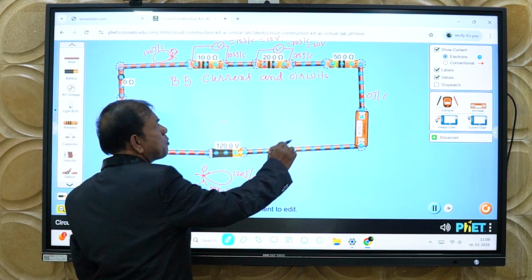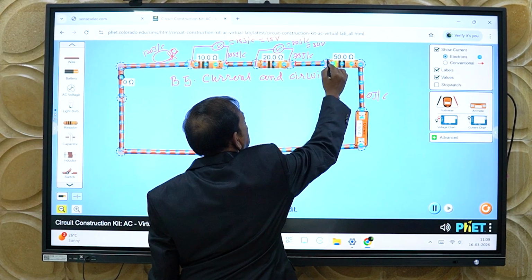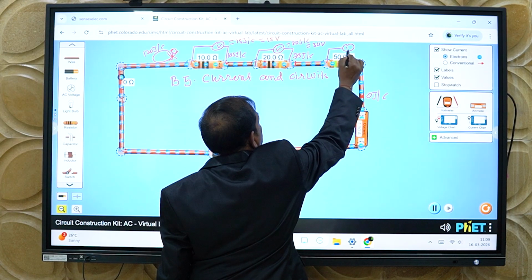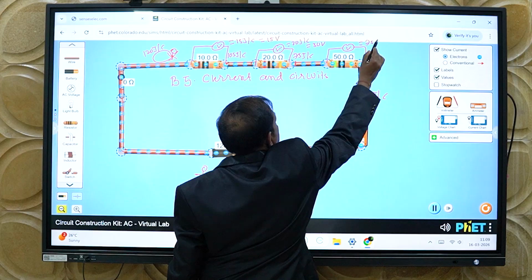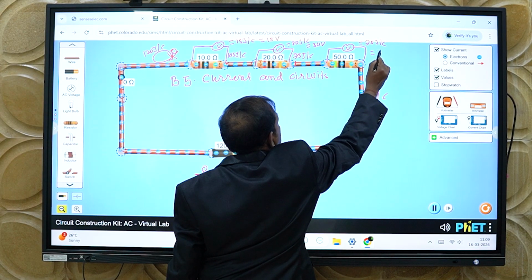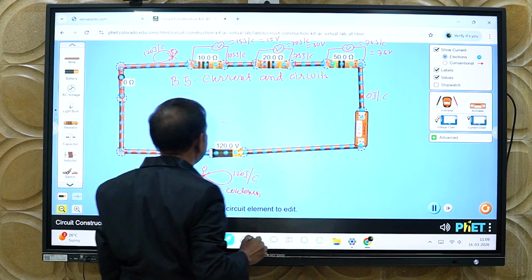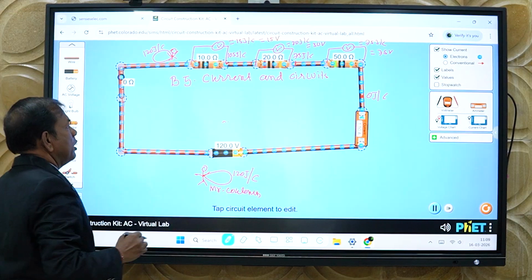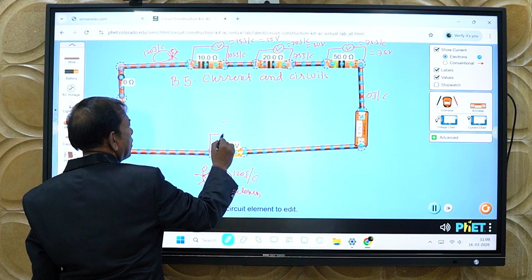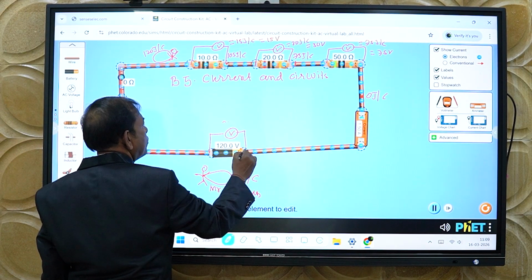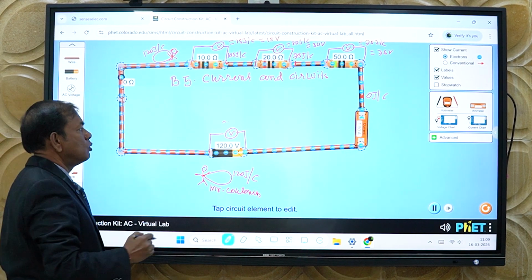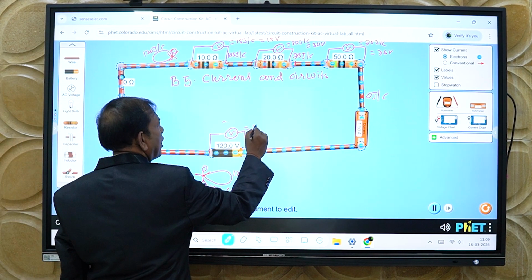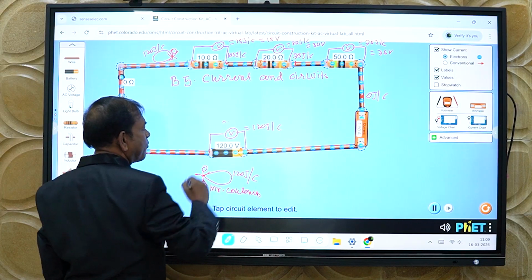Now Mr. Coulomb is passing through this, spending the remaining energy. So if I connect another voltmeter, that would measure 75 joules per coulomb here, or that is 75 volt. Now if I connect another voltmeter here, this voltmeter would measure the total energy spent by Mr. Coulomb. That would be around 120 joules per coulomb.